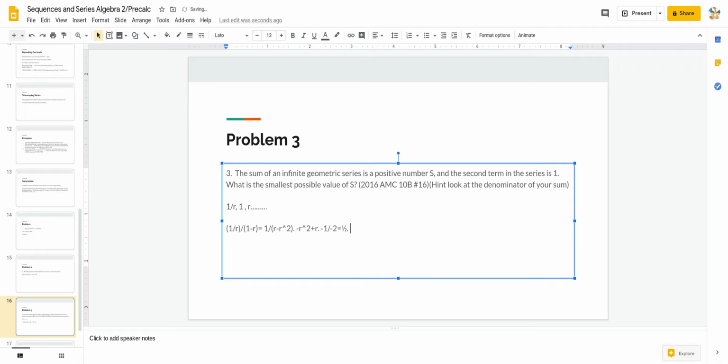So this is half. So the extremum occurs at r equal to half. So that just tells you that your series is 2, 1, half, 1/4, and so on. And that's just going to be 2 over half, which is equal to 4. So the answer is 4. Yeah, so 3 people got that one right, because only 3 people actually put in an answer.